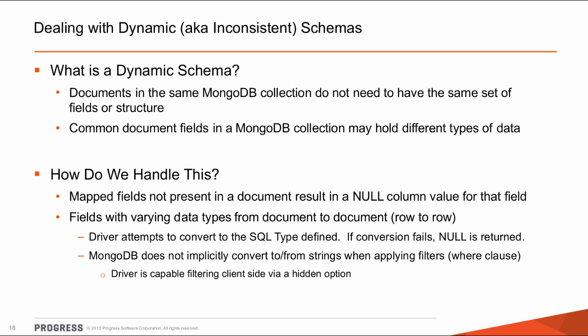But if that conversion fails, because that coercion is not possible, then we will return a null along with an error message. So there's a policy for how we, again, connect these worlds in terms of how the normalized relational view exposed by our ODBC or JDBC drivers handles this potential inconsistency in NoSQL and in MongoDB in particular.